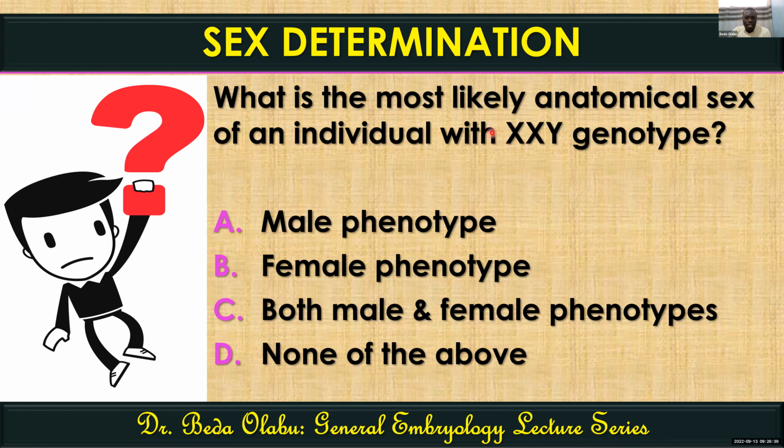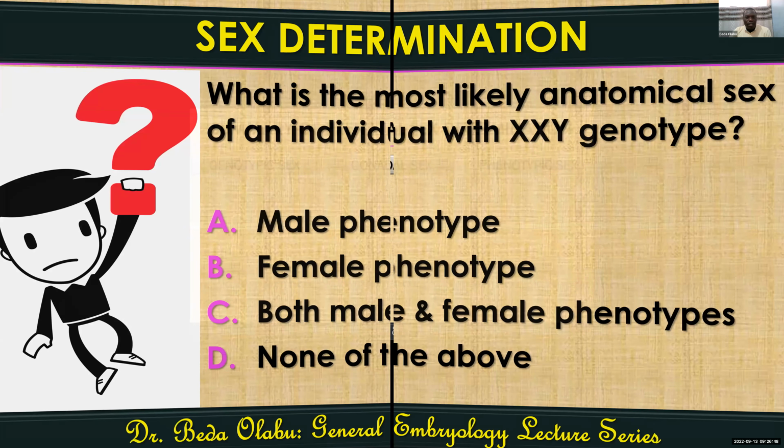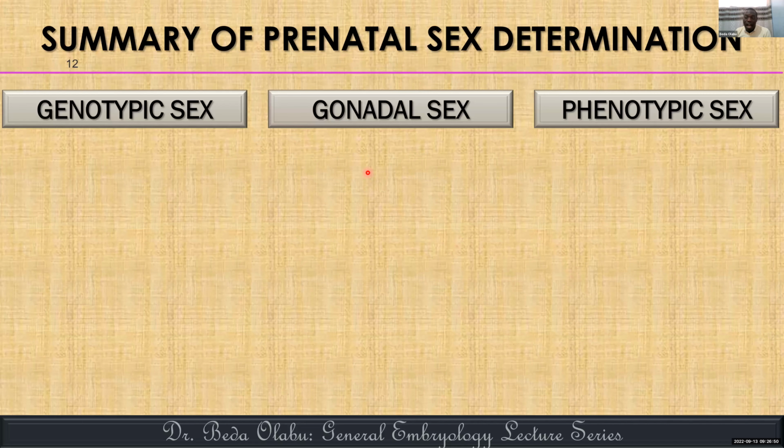For you to get the correct response to this question, I'll have to show you the next slide. This slide tells us how sex is determined before birth. Prenatal sex determination. You may not know this, but there are 3 levels of sex determination before birth.